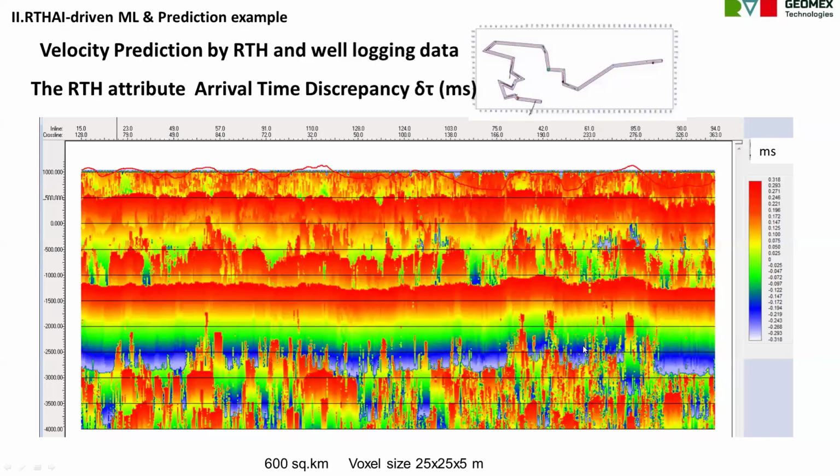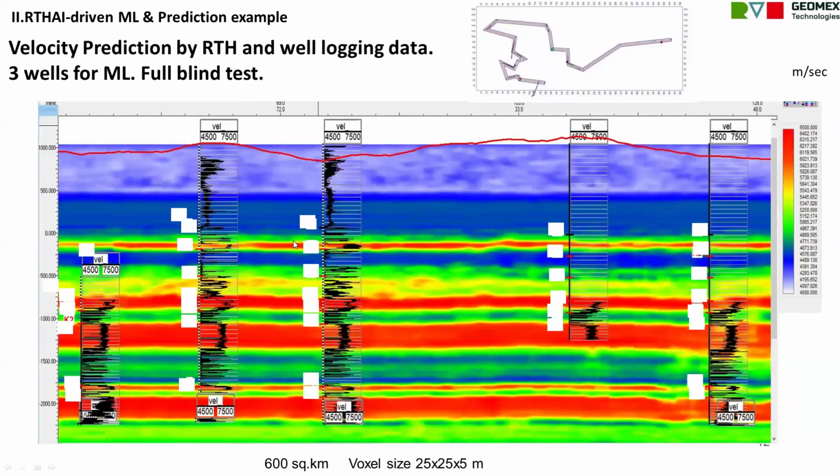Example case study: this is one very informative attribute, arrival time discrepancy concerning the velocity, and we merge with three well log data. 600 square kilometer. We use three wells for machine learning, only 3 wells. It's a huge section, a huge square. And this is the result of prediction. We learn and predict, which is very nice.